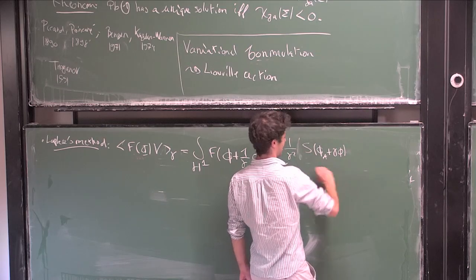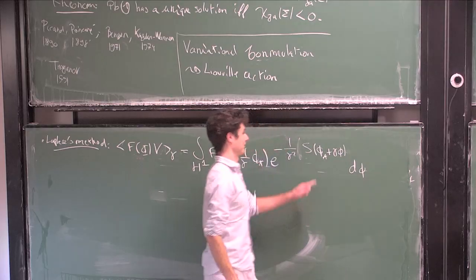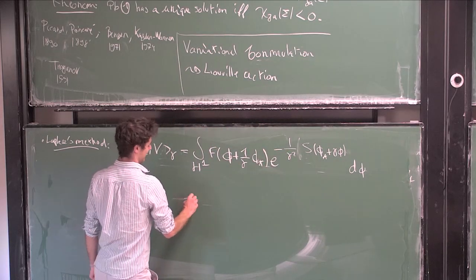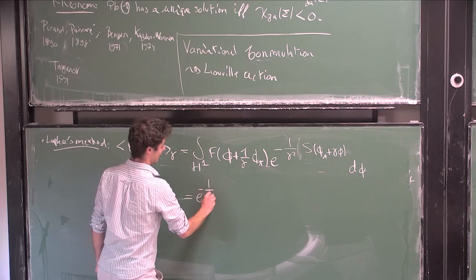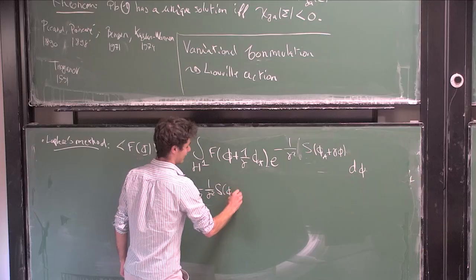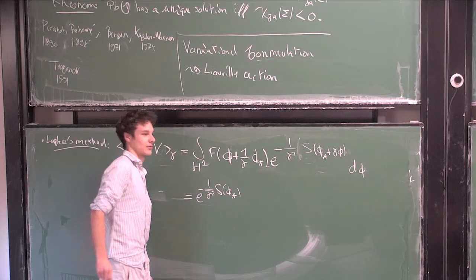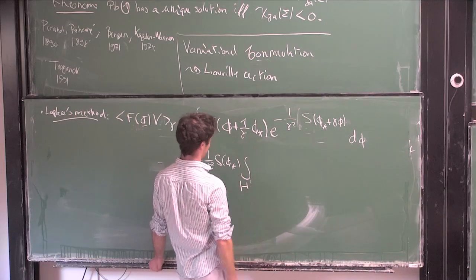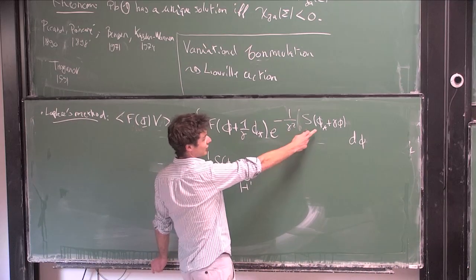So at first term, the minimum is S of phi star, the minimum of the Liouville action over the H1 functional space. And then you expand it.